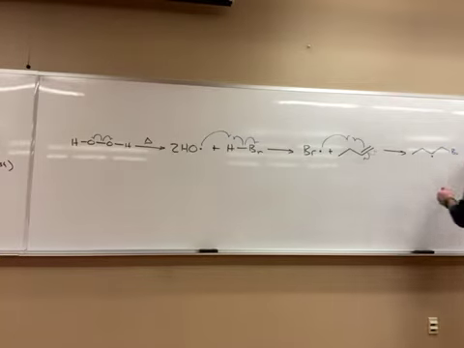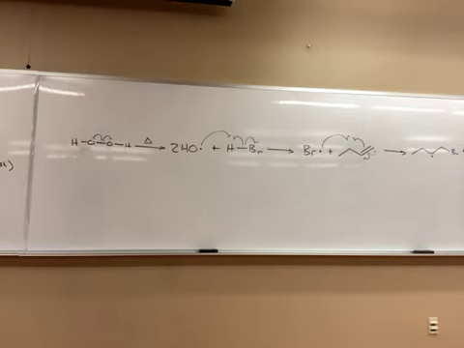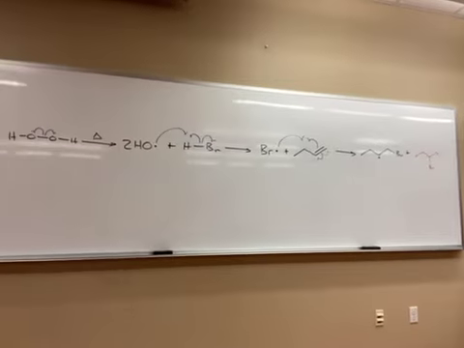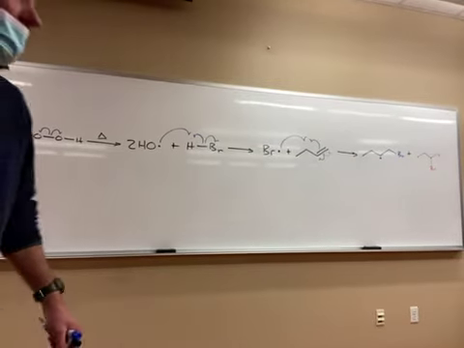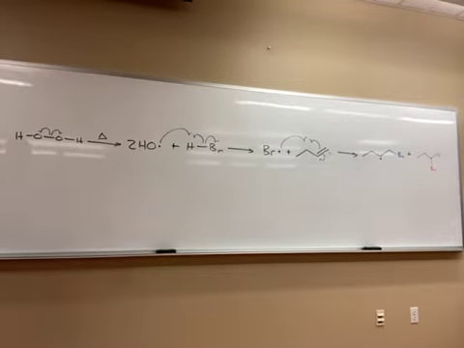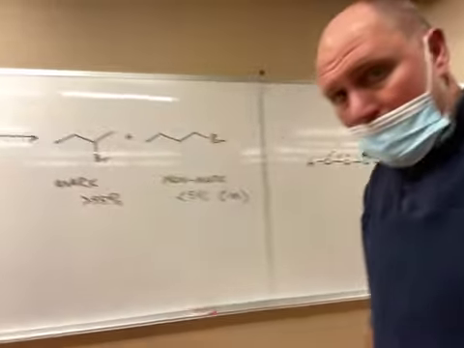The other possibility is this. Okay? So let that sink in. Because just like we had our addition reaction over here, we're looking at energetics. So let that sink in, let you get that drawn, and let's talk about it.